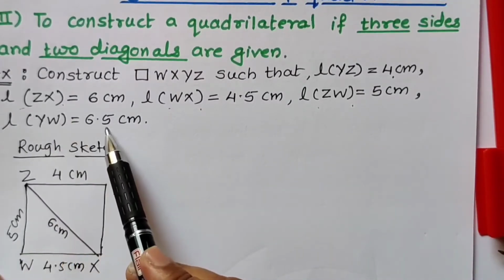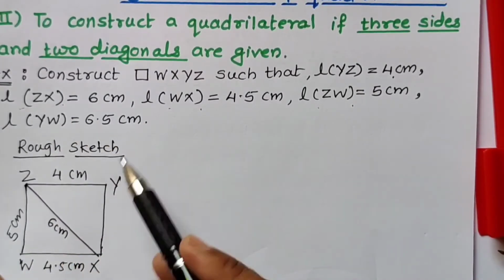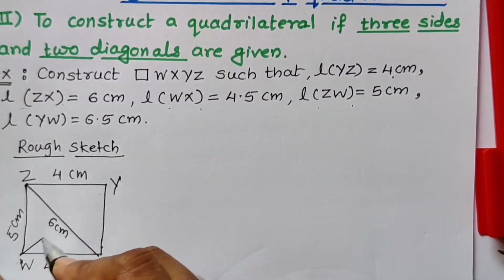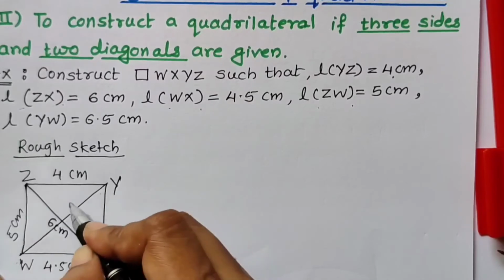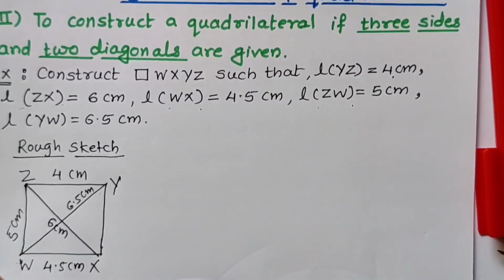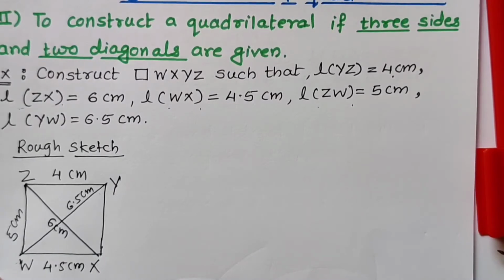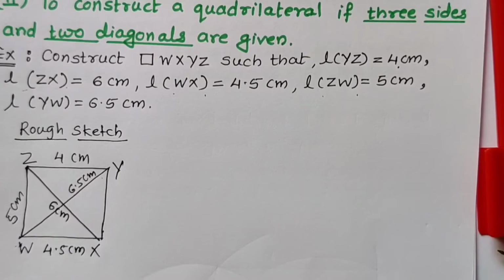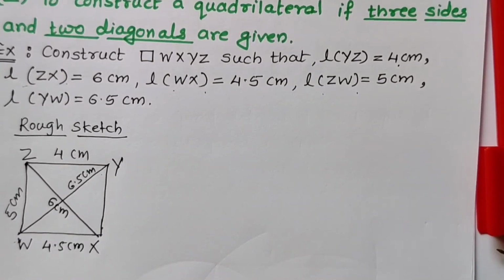And YW is 6.5. Where is YW? YW is not a side. YW is the diagonal. So draw this YW, which is 6.5 centimeter. Okay. Now one by one we are going to draw all elements of this quadrilateral.